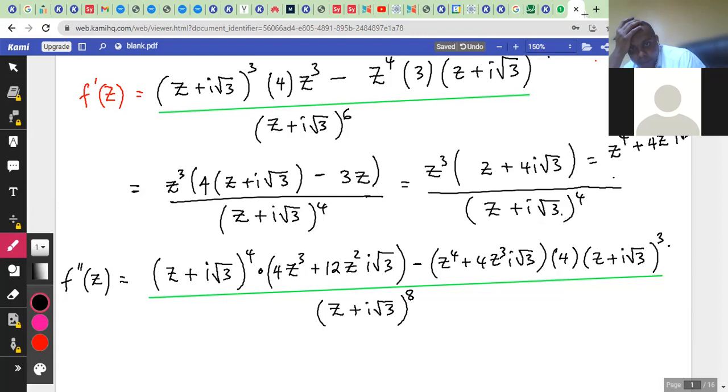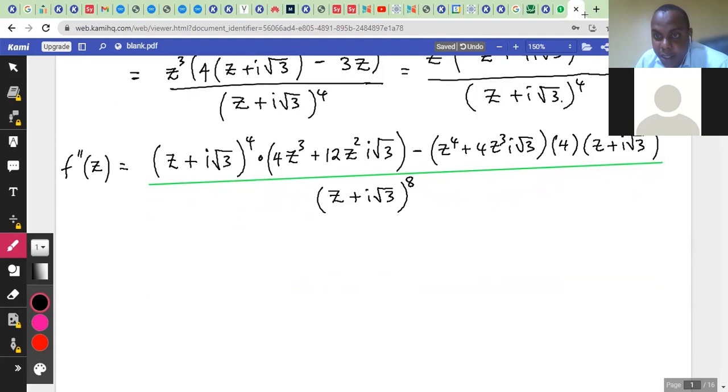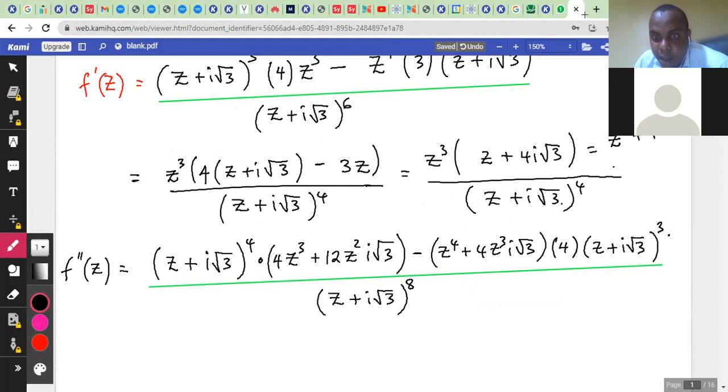Right? Yes. And then we can factor out the (z plus i root 3) cubed. Actually, let me just write f the way it was initially.